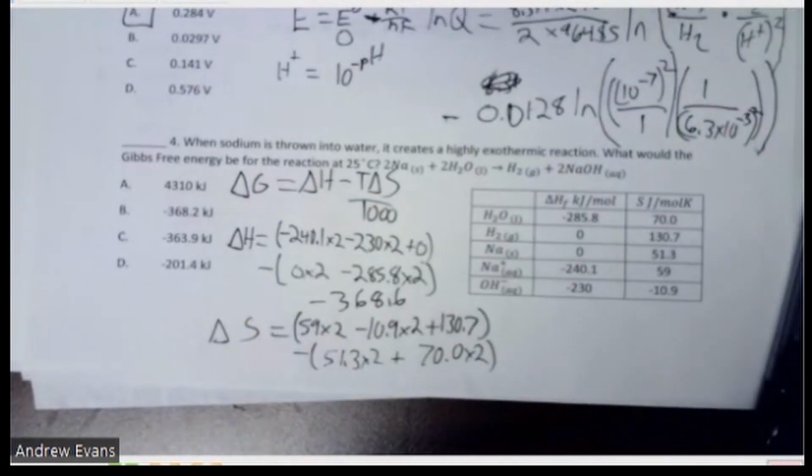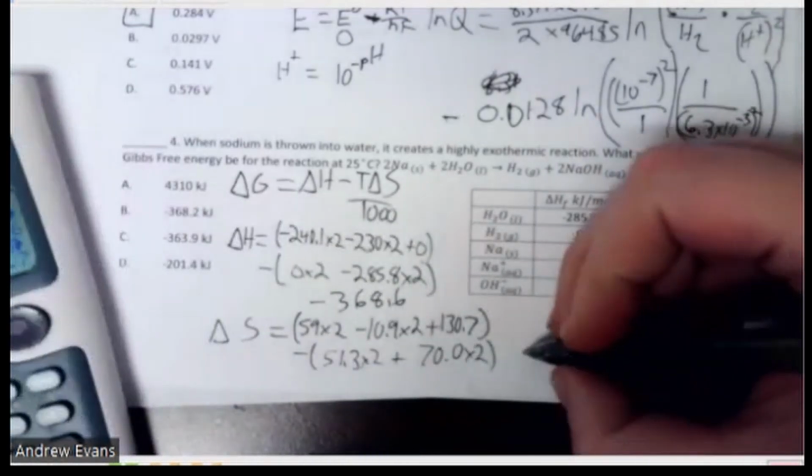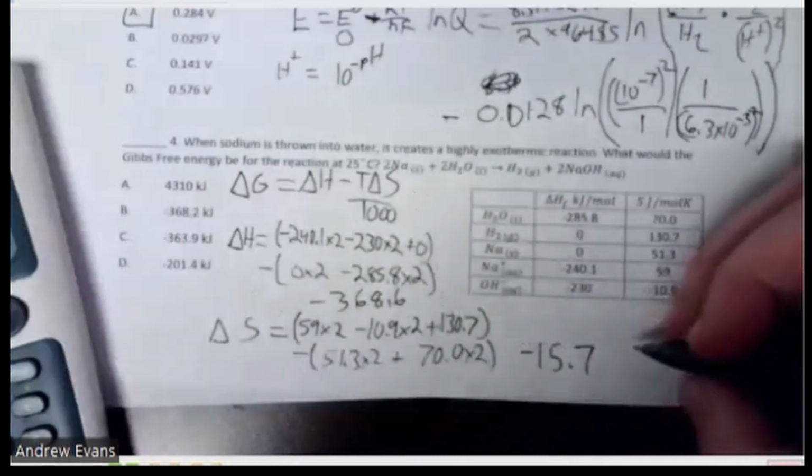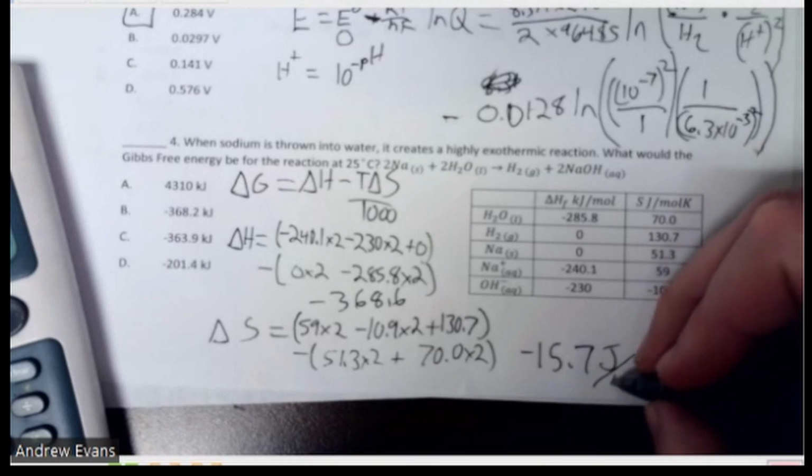So, delta S is 15.7 joule per mole Kelvin.